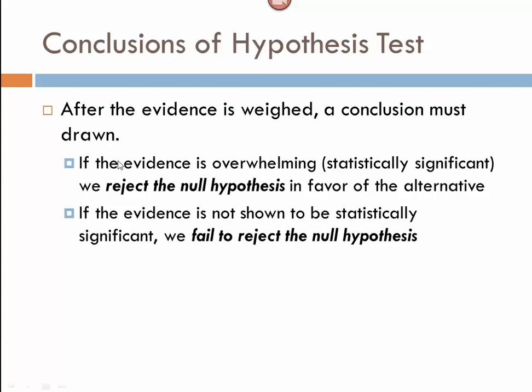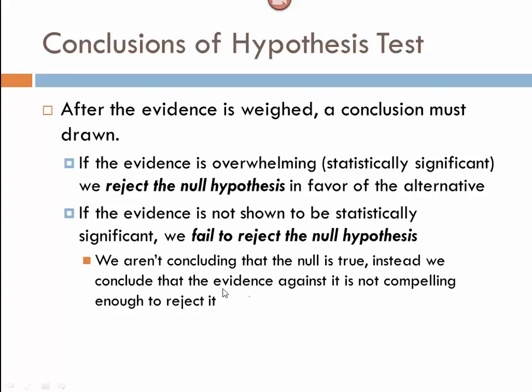In terms of rejection, we always describe the null. We reject the null hypothesis, and if we reject the null, then we say the evidence supports the alternative. If we fail to reject the null, then we say that there is insufficient evidence to support the alternative.